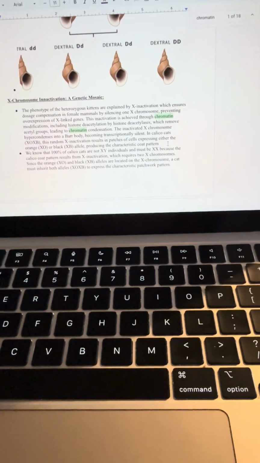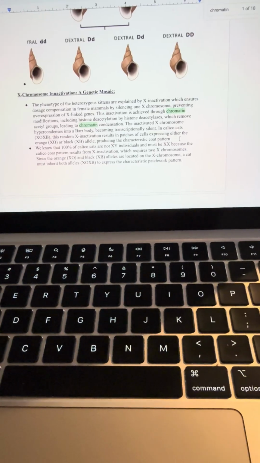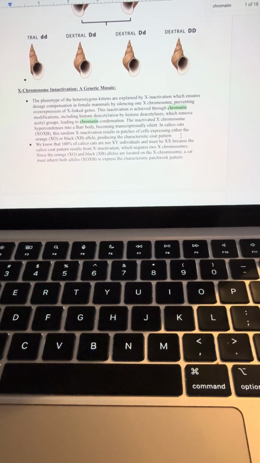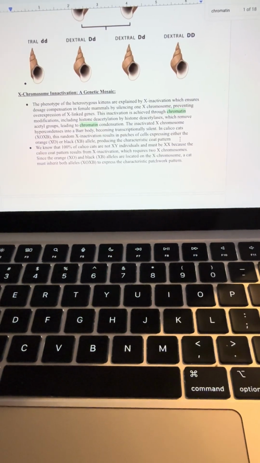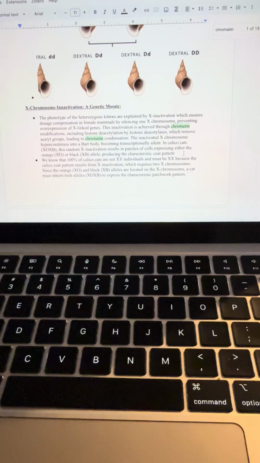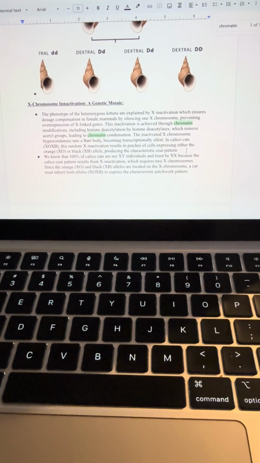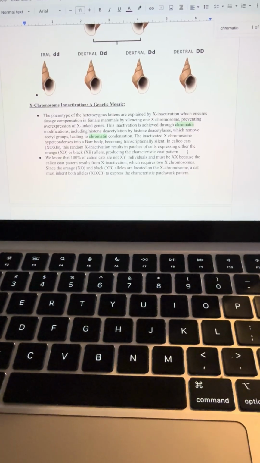This inactivation is achieved through chromatin modifications, including histone deacetylation by histone deacetylases, which remove acetyl groups, leading to chromatin condensation. The inactivated X chromosome hypercondenses into a bar body, becoming transcriptionally silent.